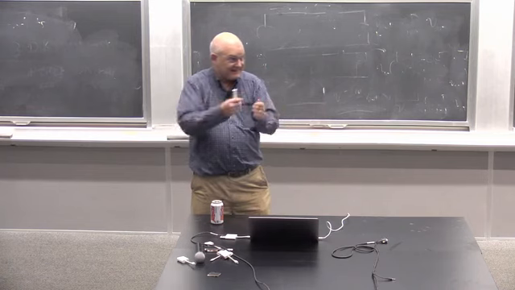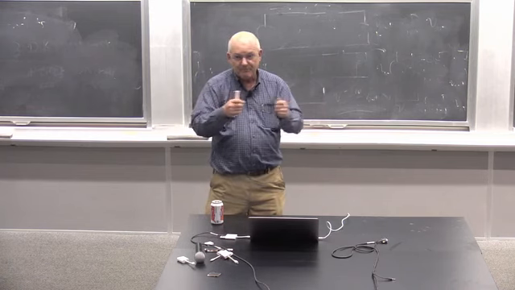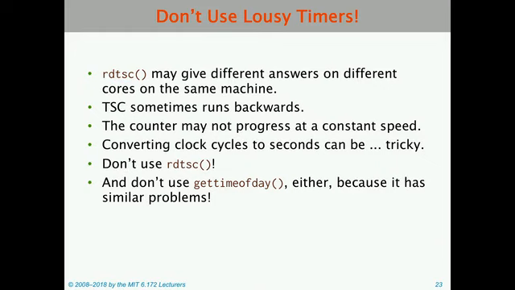The system is possibly slowing and speeding up the counters and so forth. Converting clock cycles to seconds for that reason can be very tricky. So I recommend you stay away from this faster timer, okay?